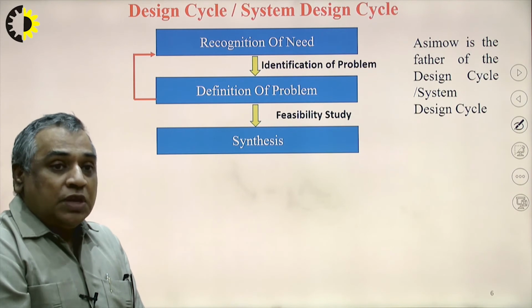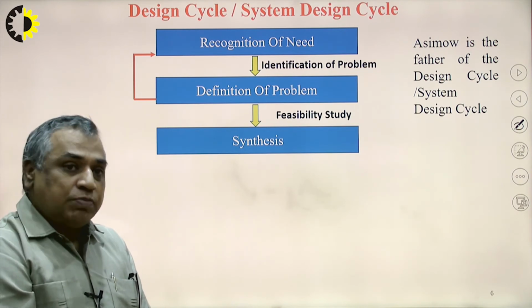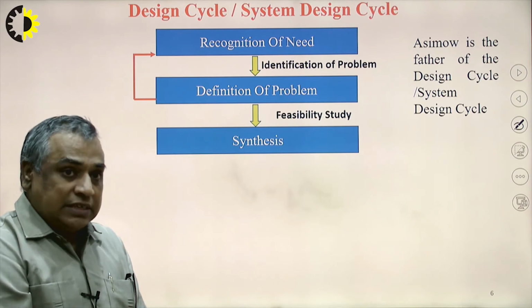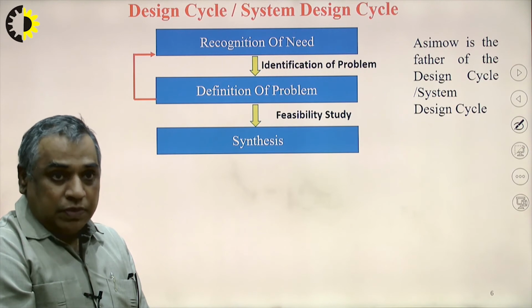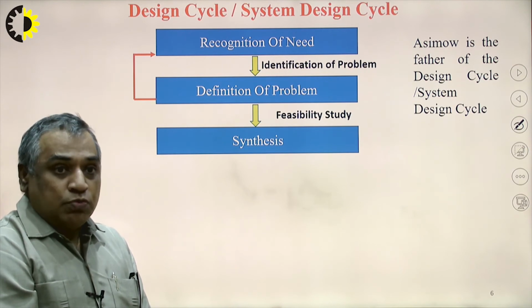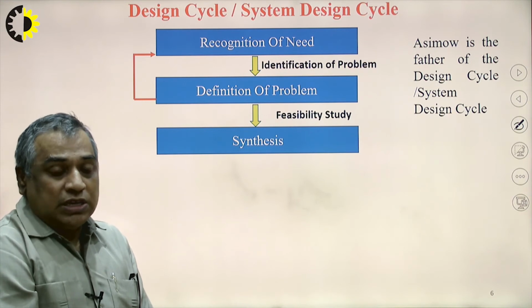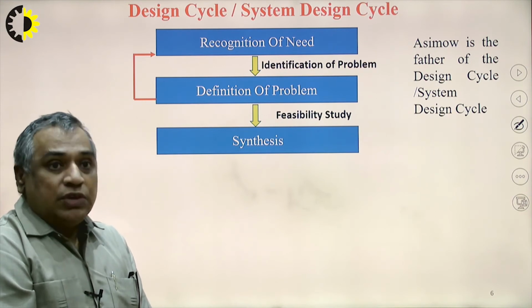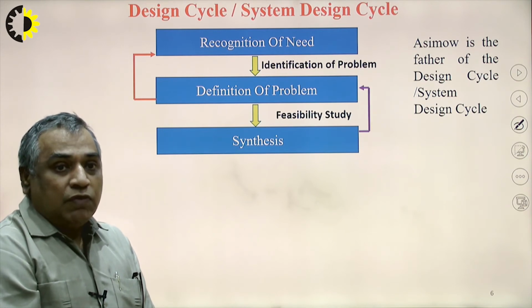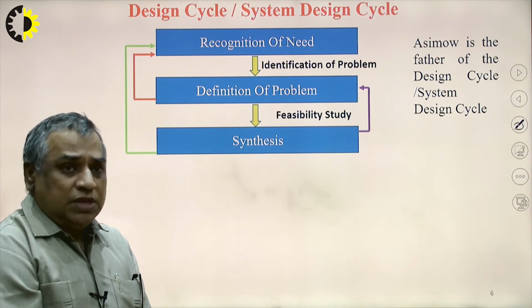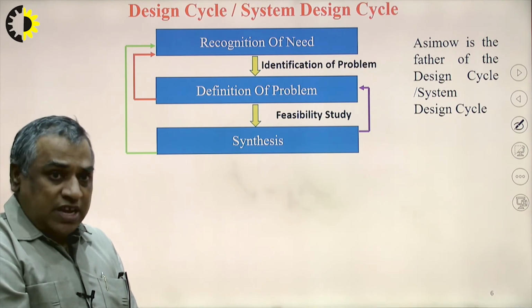We start thinking of a possible mechanism to perform the desired function, and that is synthesis. If the mechanism is possible to synthesize for the problem, then we move ahead. If it is not possible and we feel some difficulty, we need to redefine the problem, and we go back from the definition of the problem to the very first step, the recognition of need.